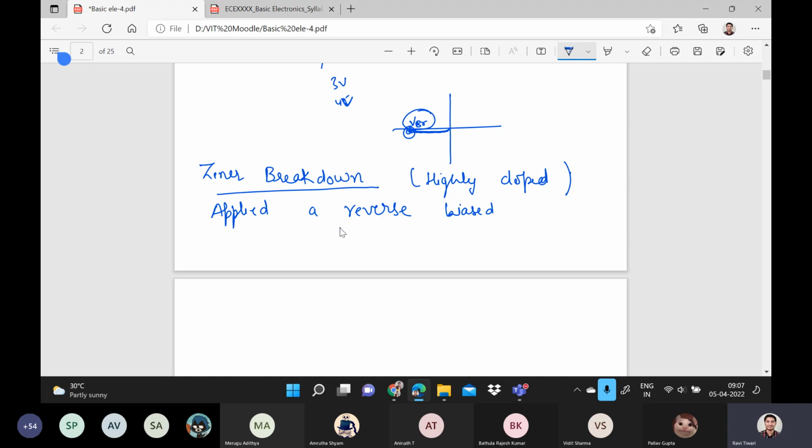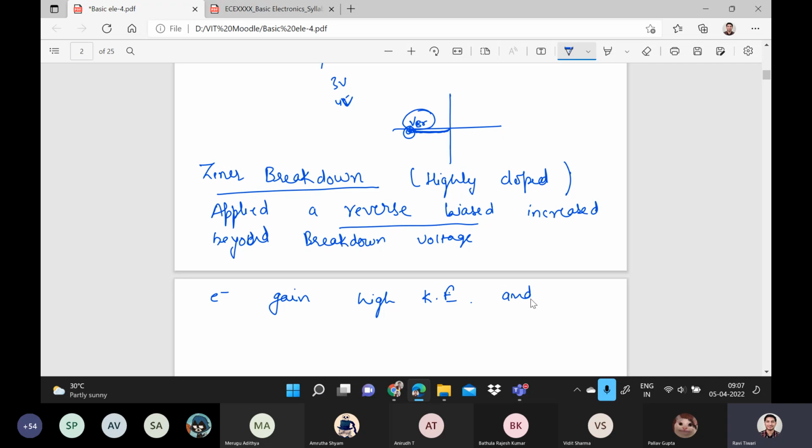So if you apply reverse bias voltage increased beyond breakdown voltage, what will happen? The electrons will gain high kinetic energy. And what will it do? It will break the covalent bond.